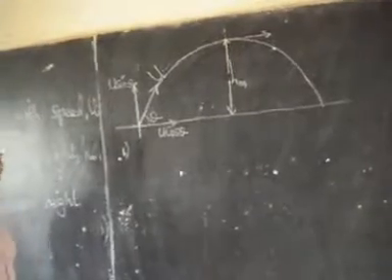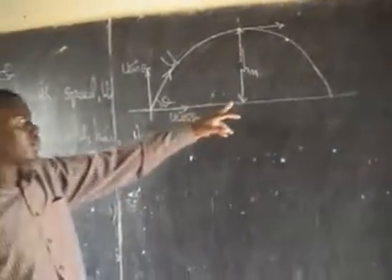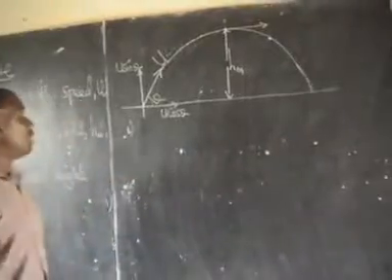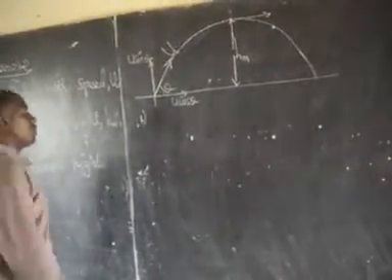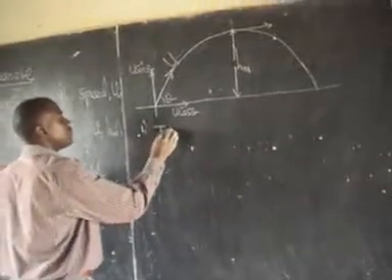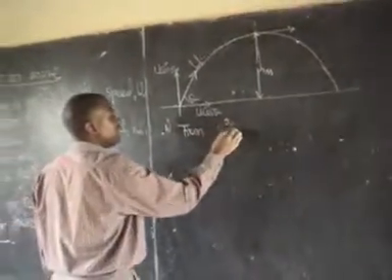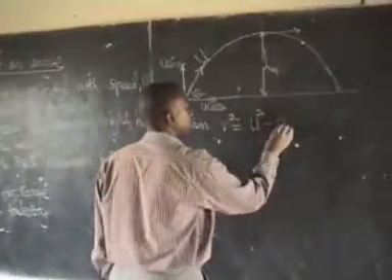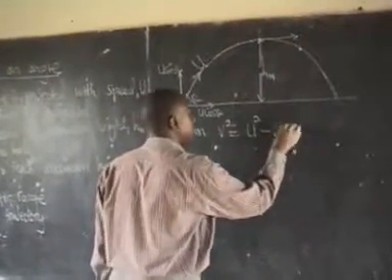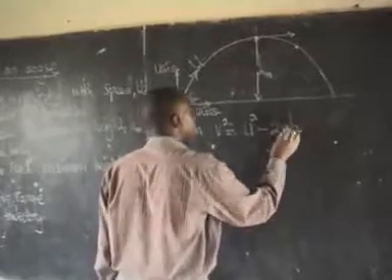Now we have to think of an equation that is going to exploit the height and also the velocity, and that is going to be the third equation. So from v squared is equal to u squared minus twice g h.